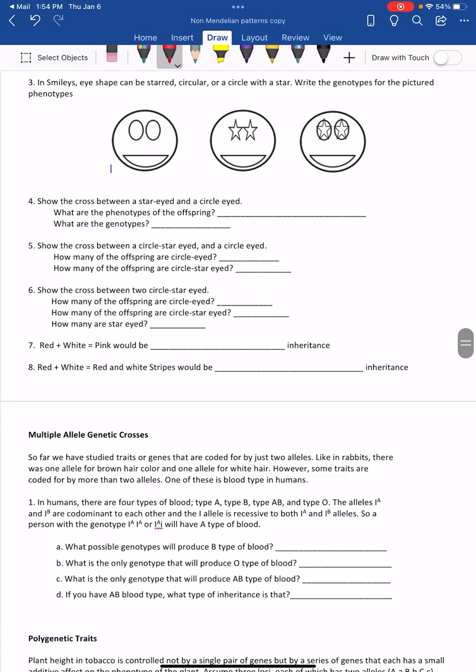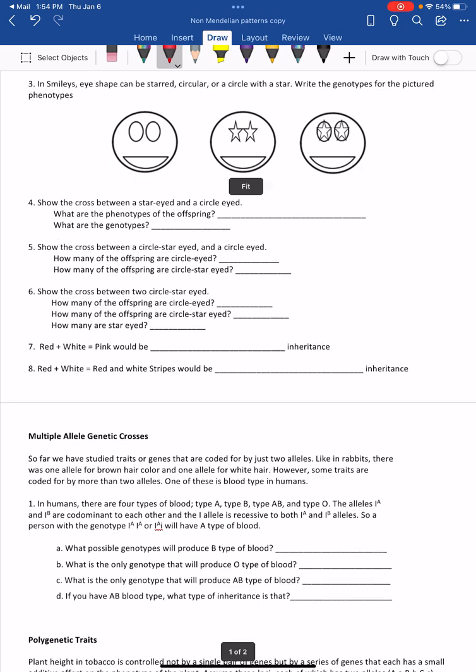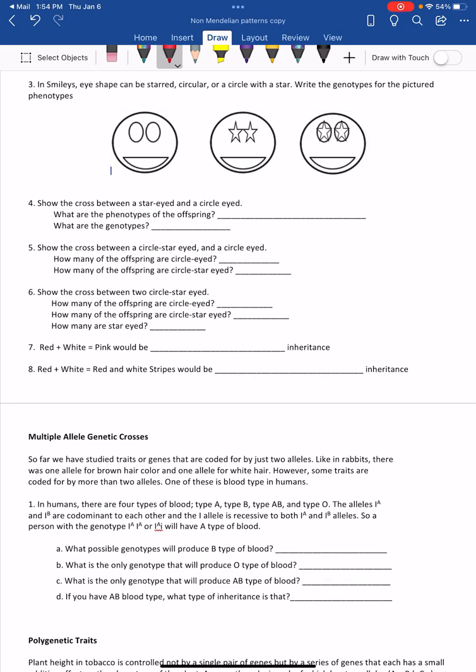In Smileys, eye shape can be star, circular, or star with a circle. Write the genotypes for the pictured phenotypes. So again, this is going to be codominant inheritance because you see the star. I'm going to do an S for Smiley. Let's say this one's a star, a big S, big S, and then this one would be a big S with a little s.